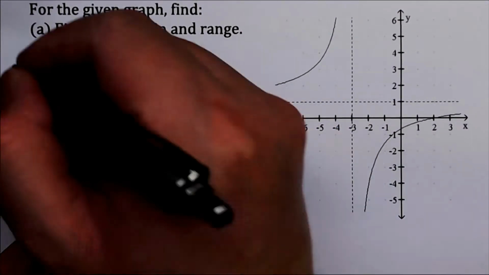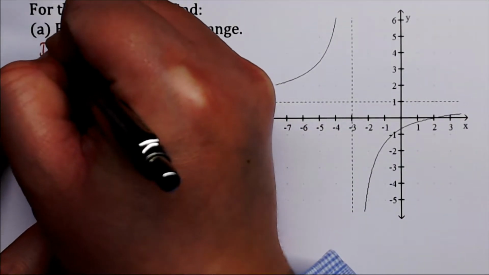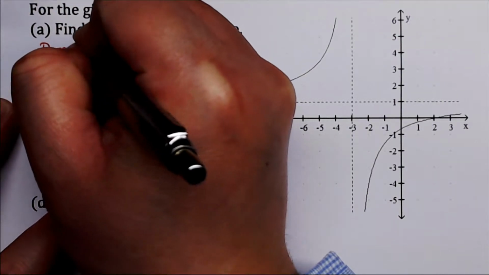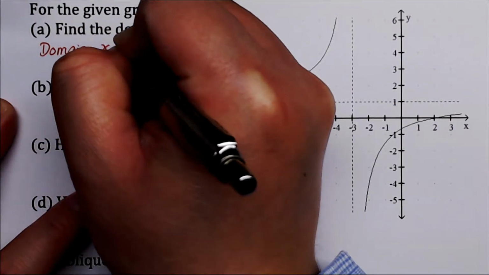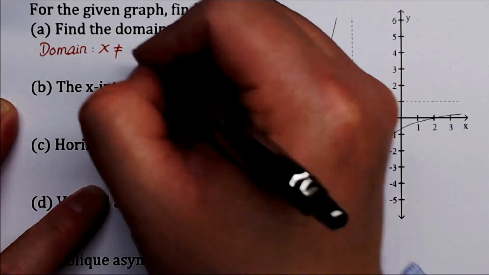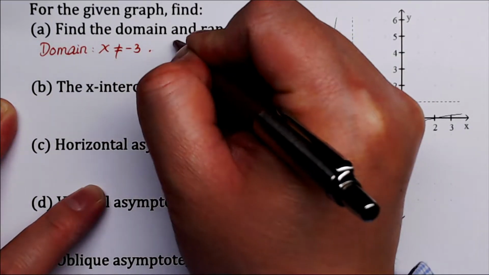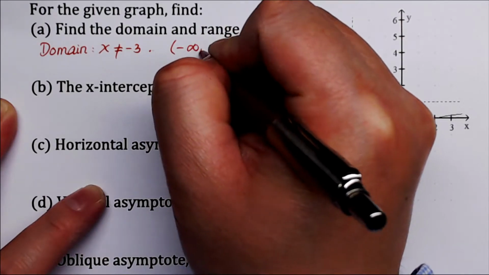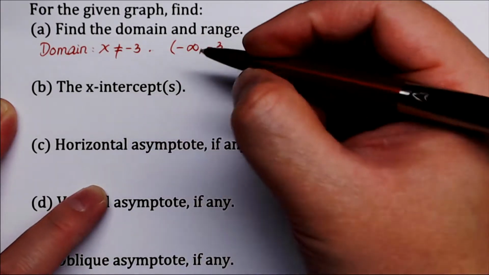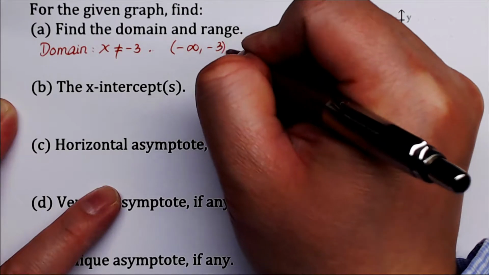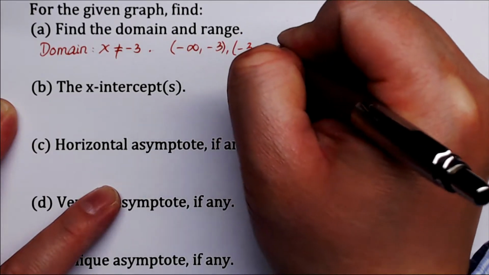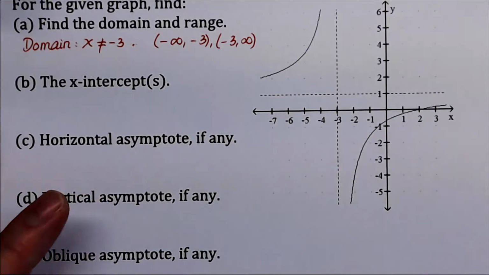So for the domain, we're going to have x not equal to negative 3, or if we write in the interval notation, it is going to be negative infinity to negative 3 and negative 3 to infinity. So that is the domain.